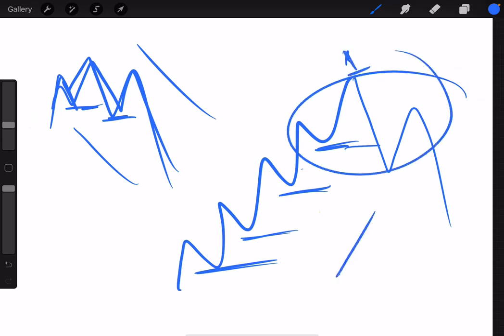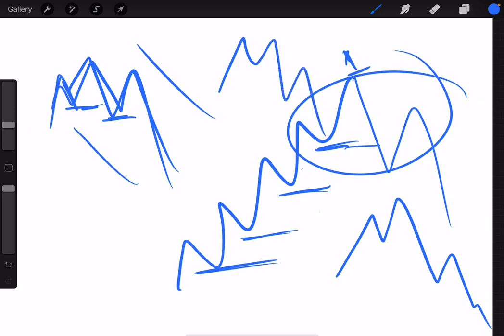Sometimes you get this: you don't really get a liquidity grab, but price just goes, which is fine, it still works. It just shows you that you need to understand when the market is starting to shift, and that's when we're looking to enter.